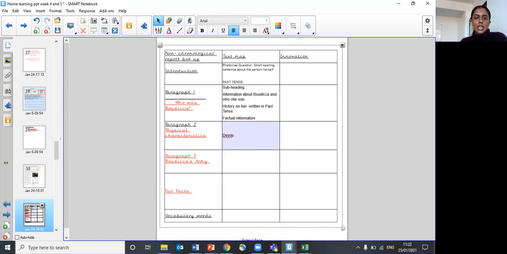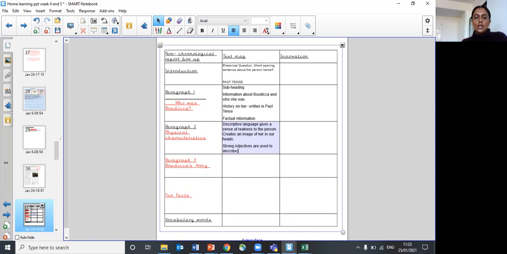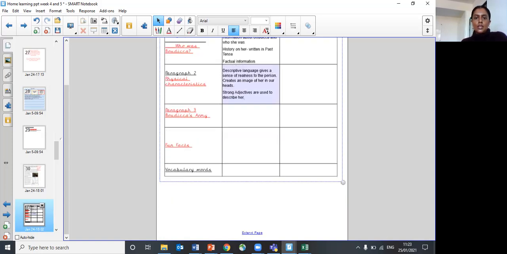Descriptive language gives a sense of realness to the person, creates an image of her in our heads. Strong adjectives are used to describe her. And we also have a subheading.